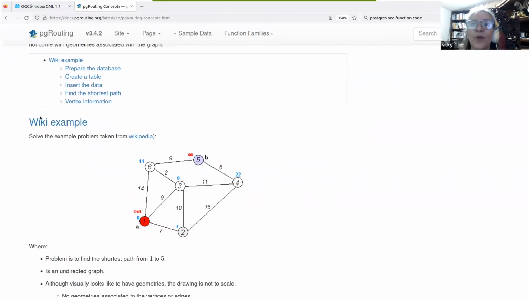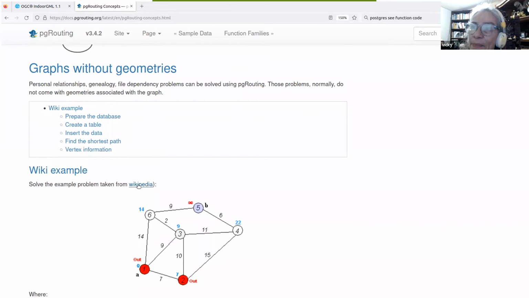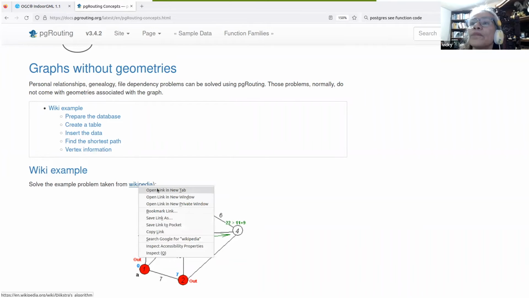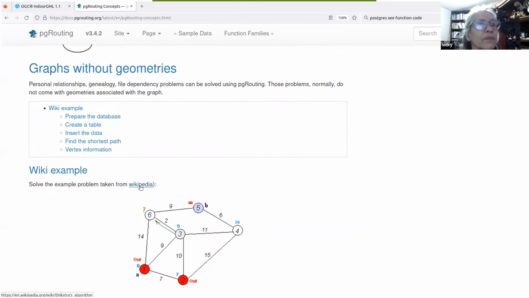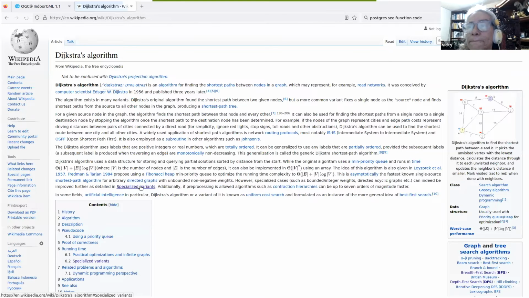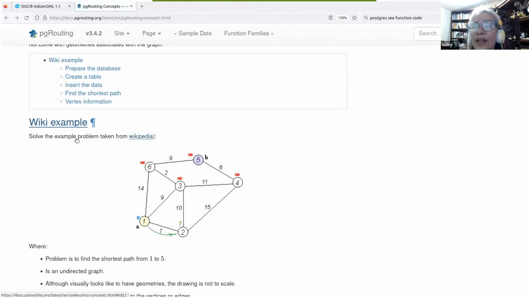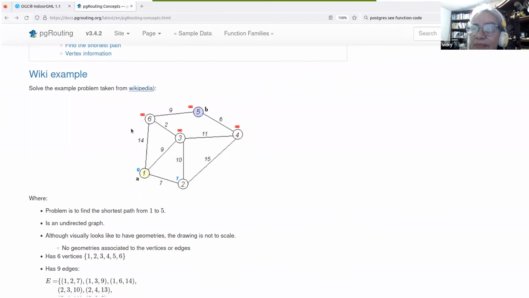Okay. So we have the wiki example that is taken from Wikipedia, which is this one. It's that algorithm. That graph has been duplicated here.